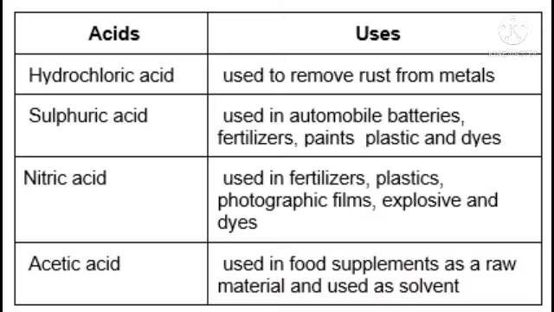Now we have to learn acids and their uses. Hydrochloric acid, HCl, is used to remove rust from metals. Any rusted iron metal is cleaned using hydrochloric acid. Sulfuric acid, H2SO4, is used in automobile batteries, fertilizers, paints, plastics and dyes.